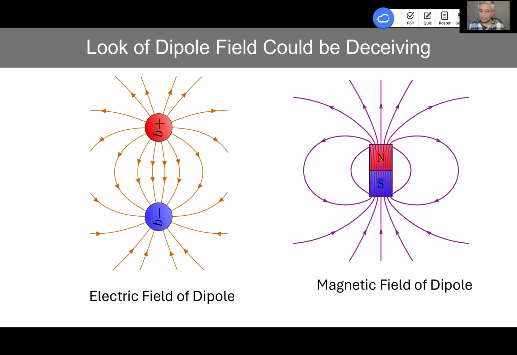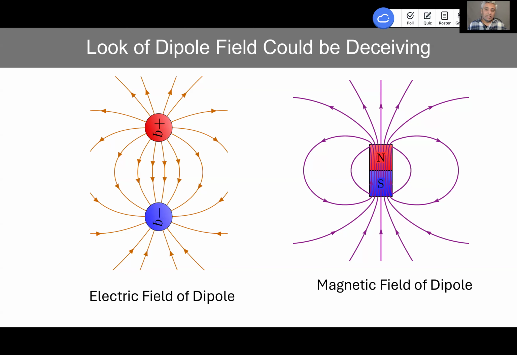It's not just charge, but moving charge, okay? Remember how we counted the rate of flow of charge as a current? Here, if there is charge moving, it produces a magnetic field just like a magnet does.